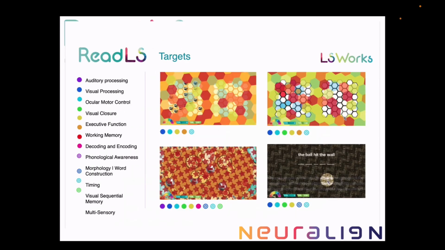Here is what our games target. On the left-hand side, you'll see all the areas, and on the right-hand side are our games. And underneath those little dots will explain what we target.